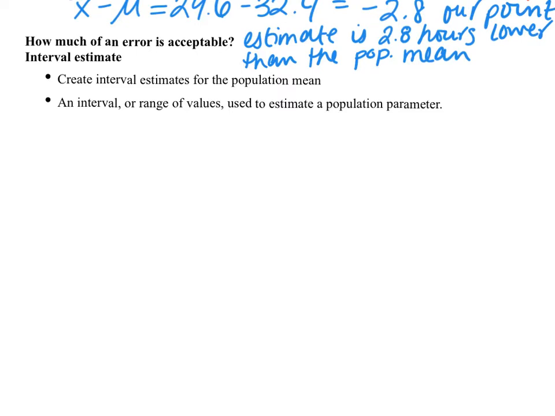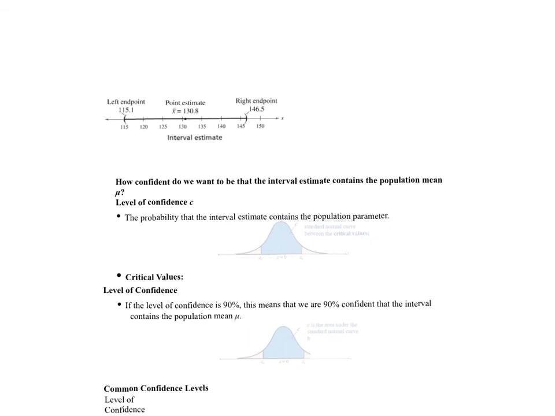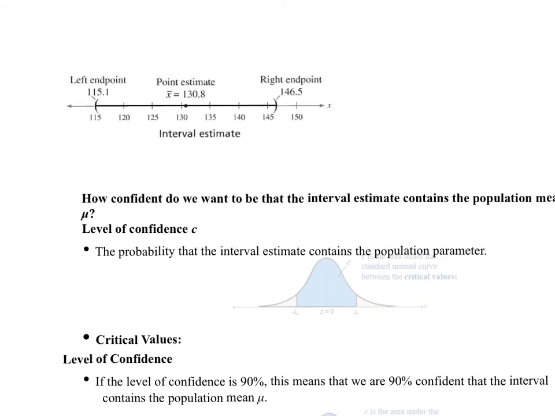And on our next page, you'll be able to see a diagram of what that kind of looks like. Okay, let me just zoom in here. So here is a diagram, and this is called an interval estimate. When we get to creating confidence intervals, this is exactly what a confidence interval looks like. So you've probably been seeing confidence intervals a lot without really knowing what they are.